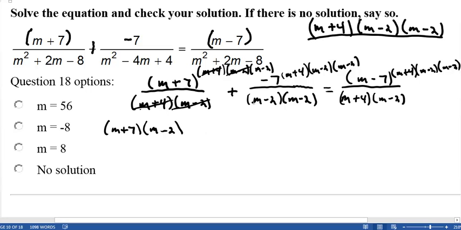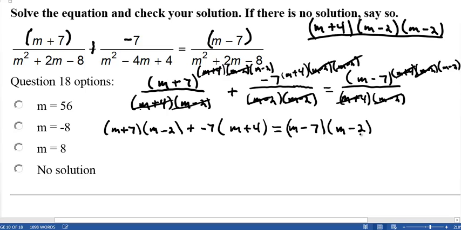For the second term, m minus 2 reduces, and another m minus 2 reduces, leaving me with negative 7 times (m + 4). And for my last one, the m plus 4's reduce, one factor of m minus 2 reduces, and that leaves me an (m − 7) times an (m − 2).